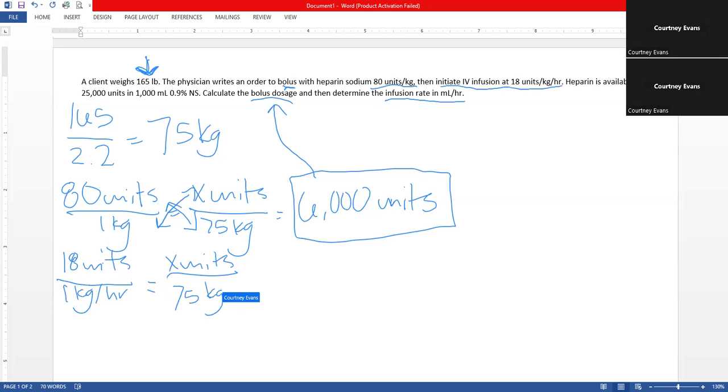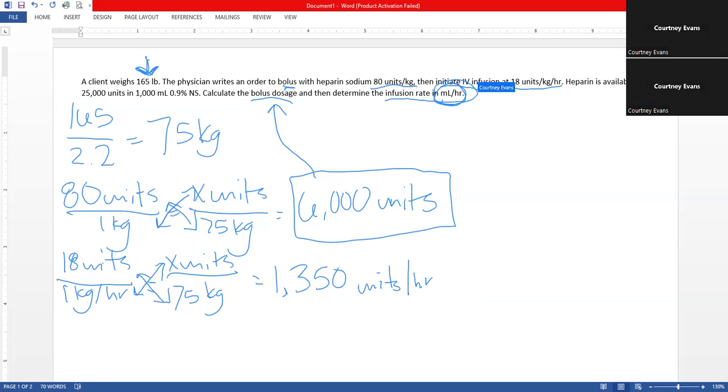All right, so we don't know how many units that's going to be. All right, so next we're going to cross multiply 75 times 18 over 1, and we're going to get 1,350 units per hour. All right, but we are not done. Why? Because we're looking for mL per hour.